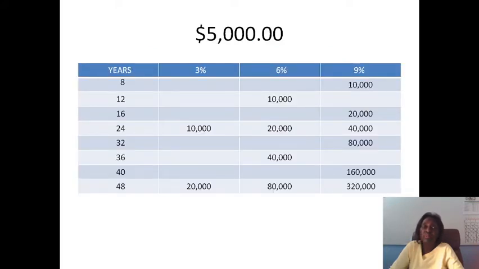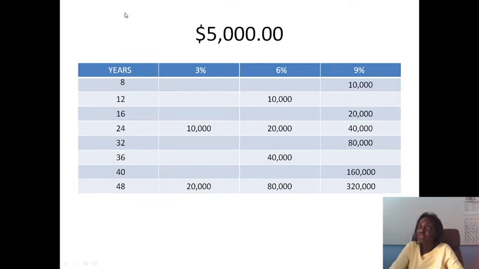So here's an example. Let's say you came across $5,000, okay? And we're going to take three different rates: 3%, 6%, and 9%. So 72 divided by 3 is 24. And what that tells me is it will take 24 years for the money to double.